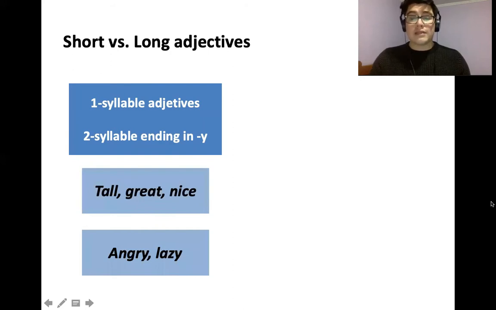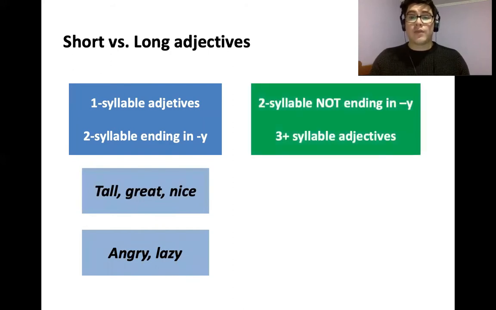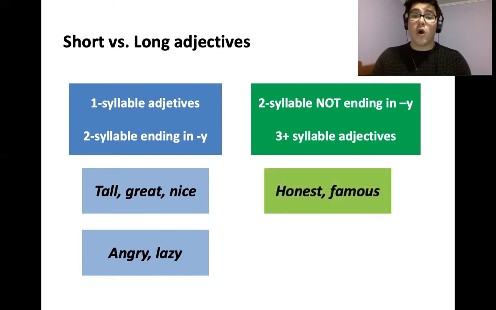On the other hand, we have long adjectives. Long adjectives can have two syllables not ending in Y or three or more syllables. For example, some examples of adjectives with two syllables that do not finish in Y can be honest or famous.